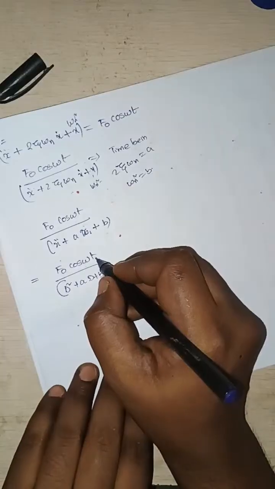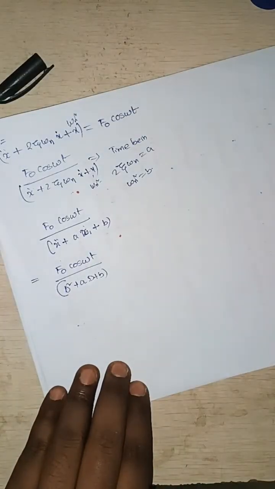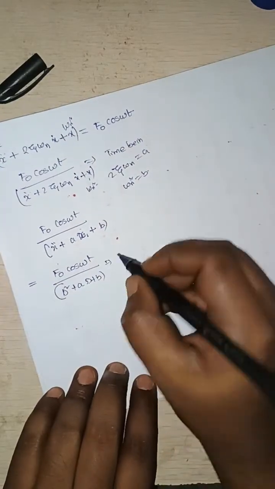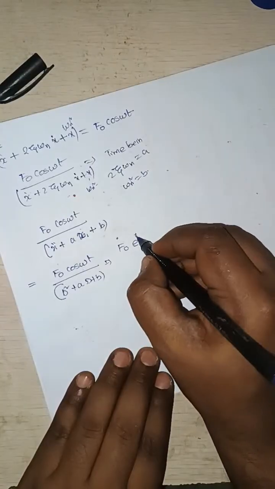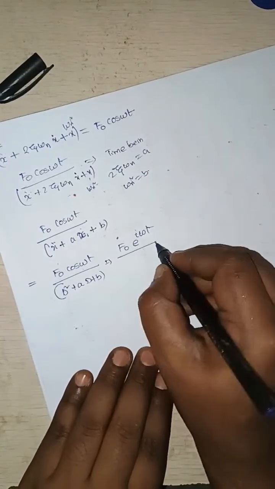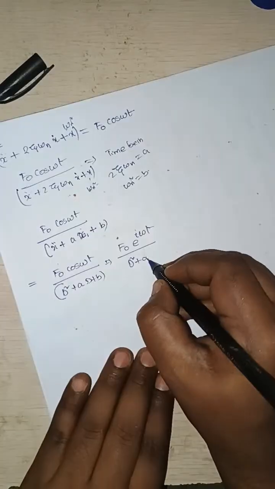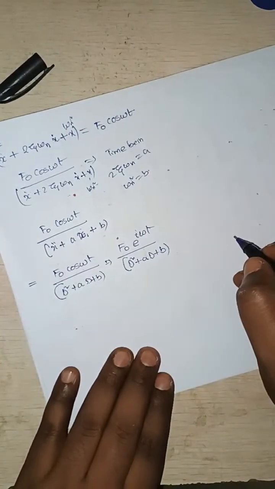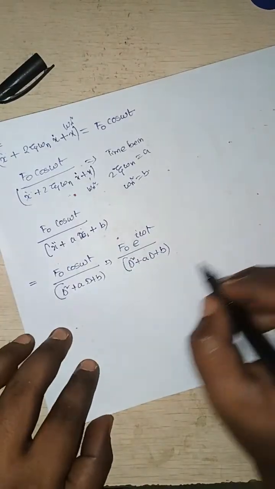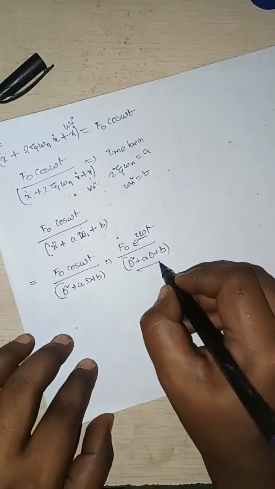Now in this case, what we can do is complexify this equation by substituting i omega in this equation.